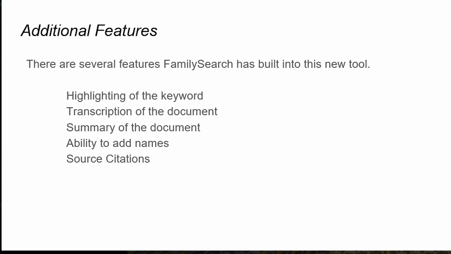They've done the transcription of the document, which is what I just showed you. They also have a summary of the document if you want to just summarize what's there. They also have the ability to add names, and I'll show you that in just a second. And then they also have source citations.